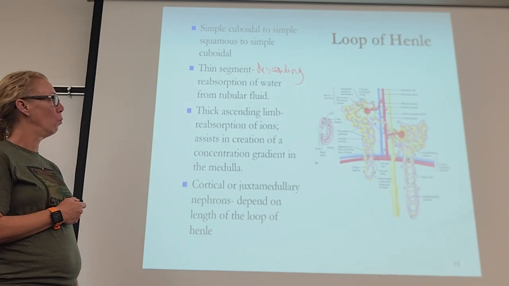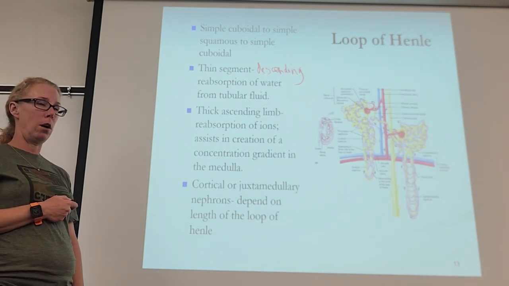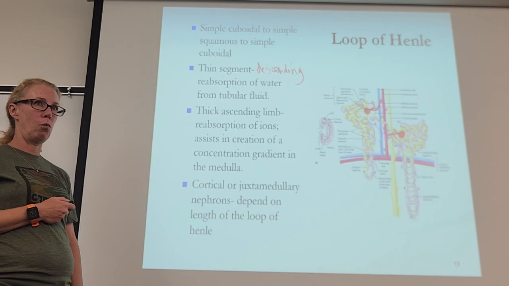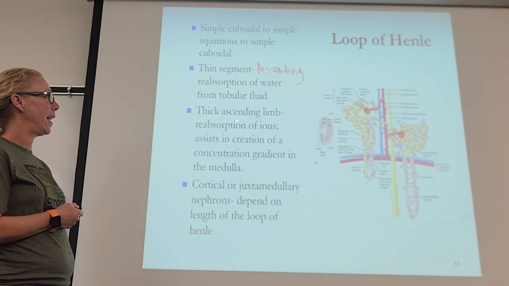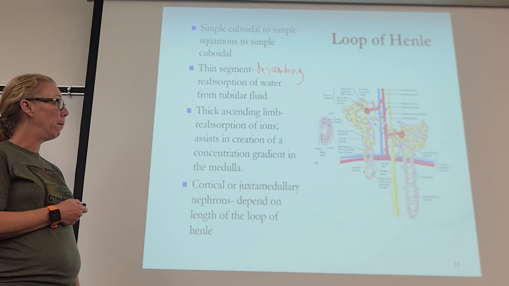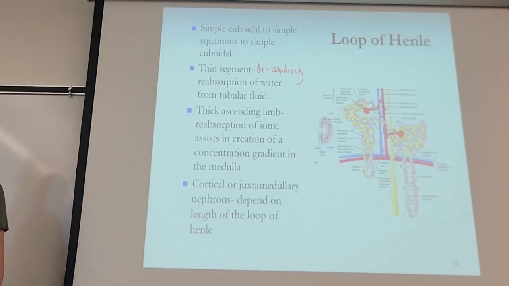Reabsorption of water happens here in this part of the loop of Henle. No, not ions, just water. Reabsorption of water only. In the ascending limb, it's impermeable to water, but you can reabsorb ions: sodium, potassium, chloride, magnesium.